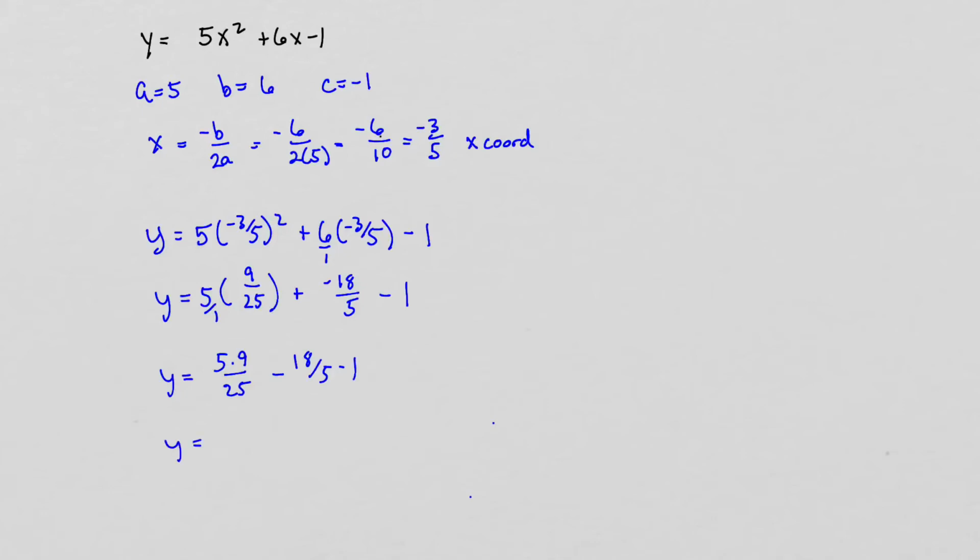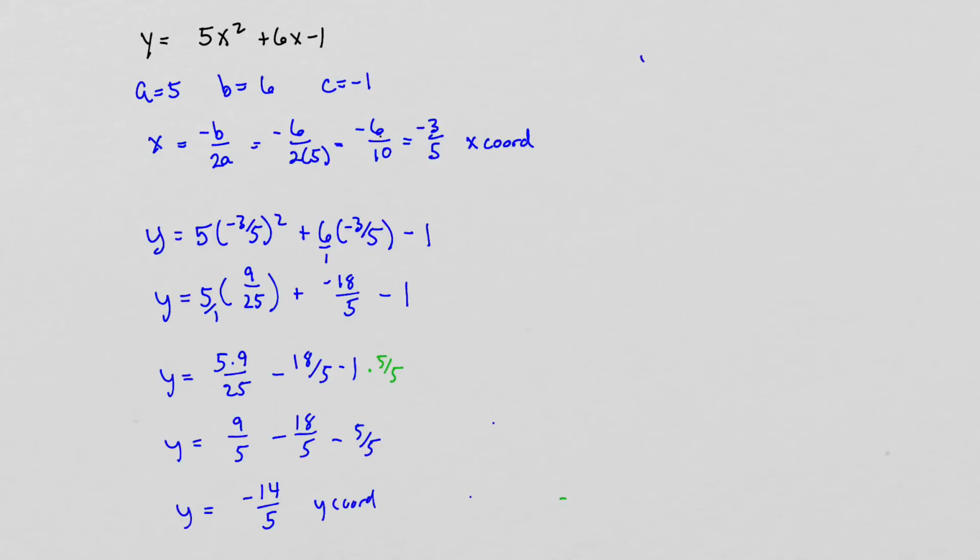So y is 9/5 minus 18/5, and let's take that negative 1 and multiply it by 5/5. So we have a common denominator of 5. So now we can add all those fractions up. 9 minus 18 minus 5, that's negative 14. So there's negative 14/5.